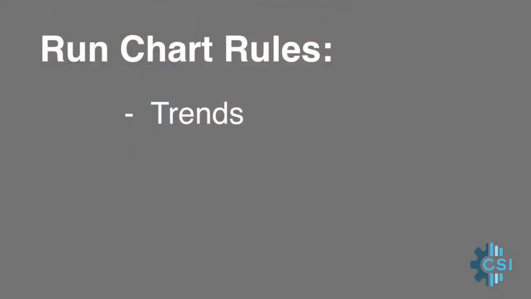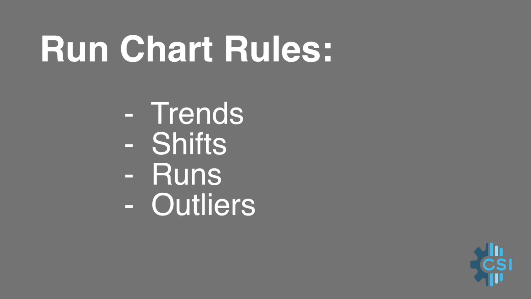We learned that run chart rules can be used to help us detect those statistical signals of process change. In part 2, we learned about the run chart rule for detecting trends. In part 3, we learned about detecting a shift, and in part 4, we learned the run chart rule for runs. In this video, we will learn the one remaining run chart rule for outliers, and then briefly summarize this series on run charts.